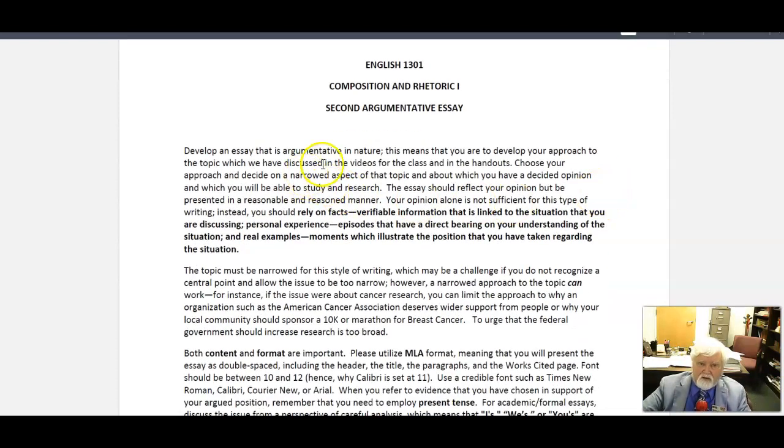You're developing an argument, so you're developing an approach that's reasonable, that is discussed from a perspective of study and research. You need to have facts, information linked to the situation. You can use personal experience if they are pertinent and can be directly applied to the topic. And then examples, real examples, not any hypotheticals. People, you cannot say imagine if, and you never want to use imagine anyway.